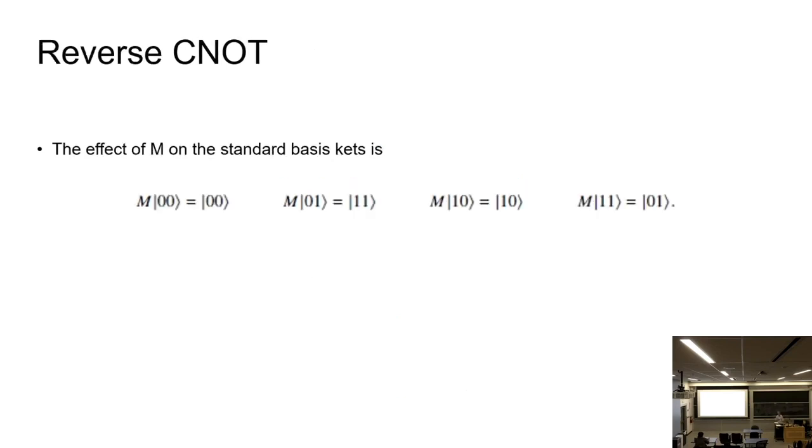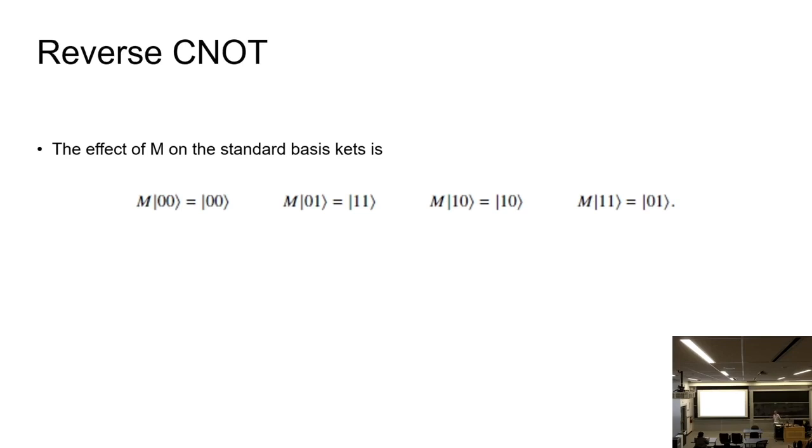So let's look at what it does. If I apply M to 0, 0, then I get back 0, 0. If I apply M to 0, 1, I get back 1, 1. If I apply M to 1, 0, I get back 1, 0. And if I apply M to 1, 1, I get back 0, 1.